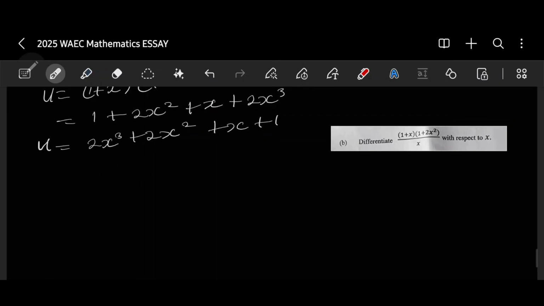Before I get to dv/dx, I'm just going to quickly write du/dx, differentiating this with respect to x.